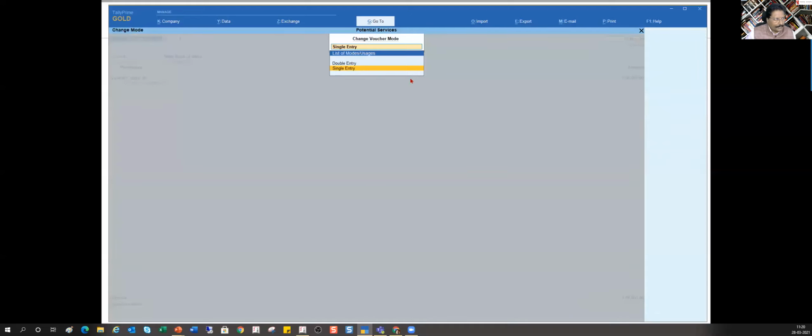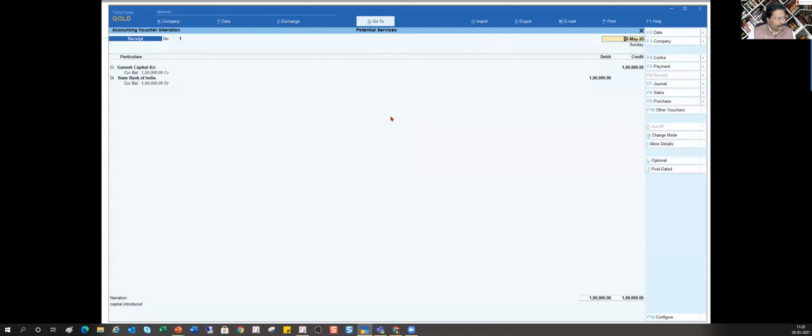When you click here, Tally is asking you whether you want this particular voucher type to be captured in single entry mode or in double entry mode. So what we captured now is basically a single entry mode. And the best part, you can toggle between single entry mode and double entry mode. You can very easily toggle even after you have captured the transaction.